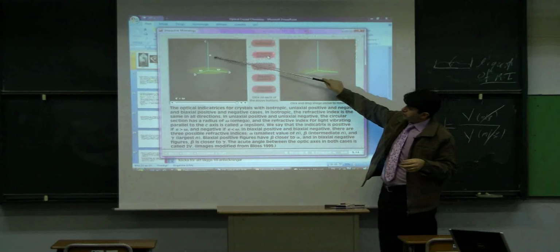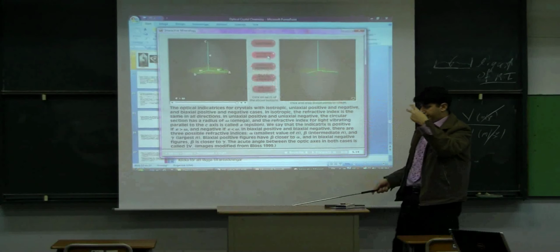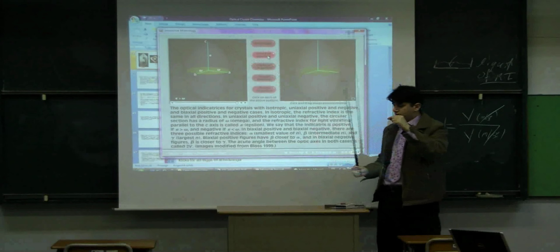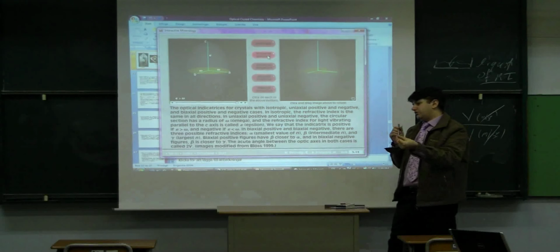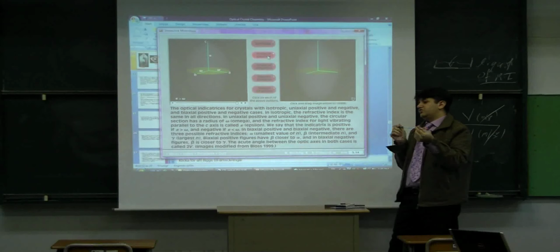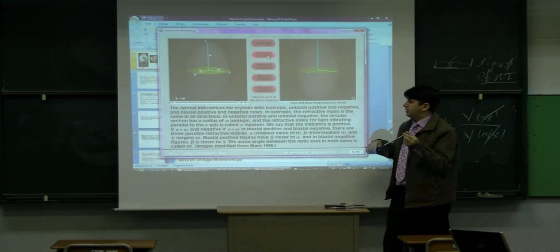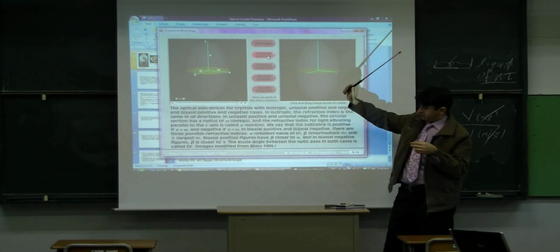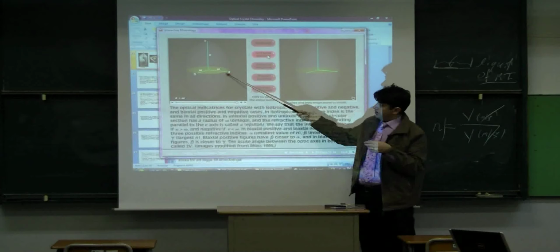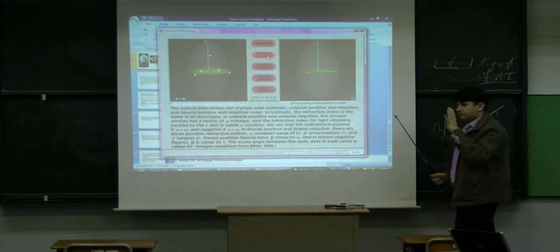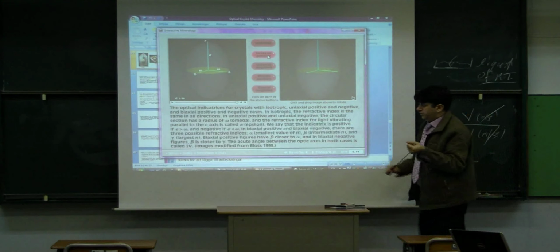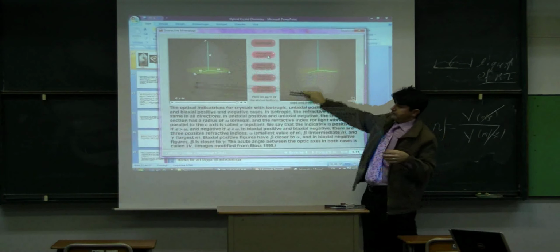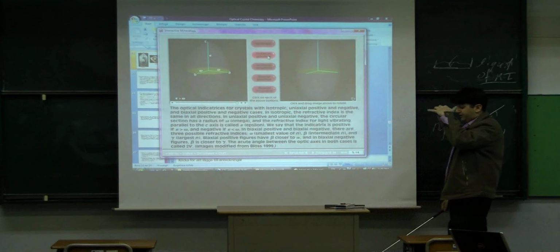We have two refractive indices. One is named epsilon, the refractive index of light vibrating parallel to the c-axis. We have omega perpendicular to the c-axis. We have two lights, omega and epsilon. If epsilon is more than omega, we have a positive indicatrix.